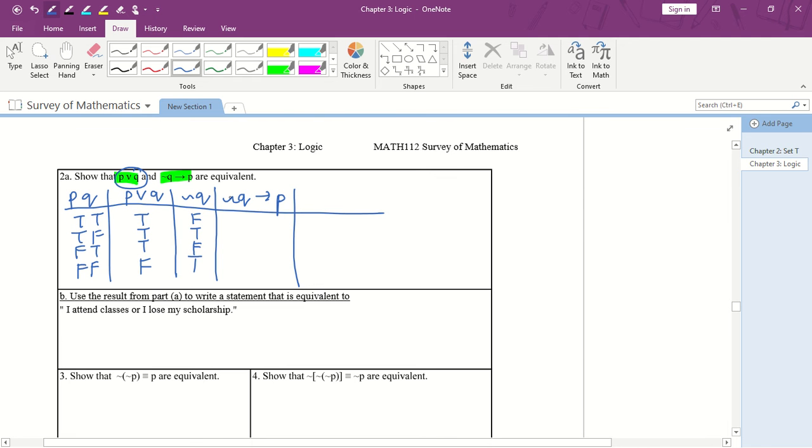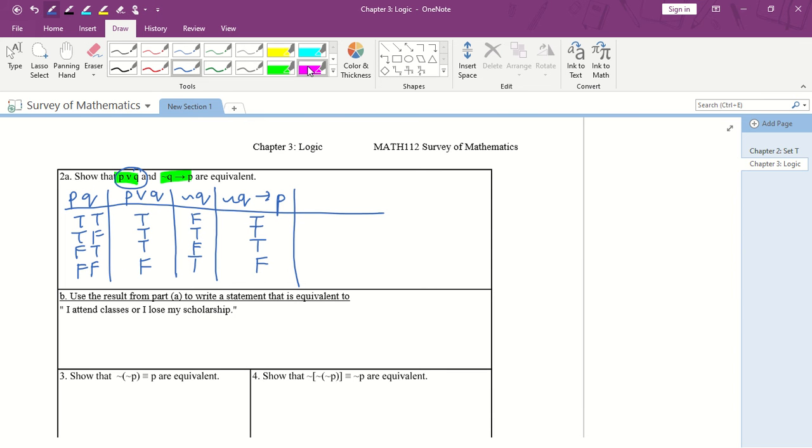And now we need to get negation Q to P. Remember, if this is true and this is false, we'll get a false, or else we'll get true for the other answers. So true, true, true, true, true, false, and so on.